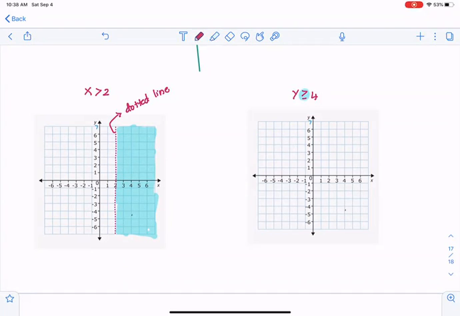And it is at 4. Excuse me, this is y equals, not x. Y equals 4 and everything above 4. So my solution would be all of those. So that's how we would represent the inequality in the two-dimensional XY plane.